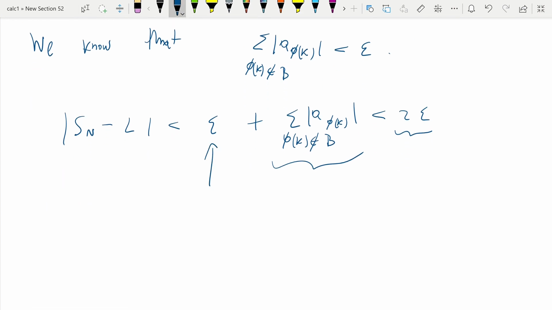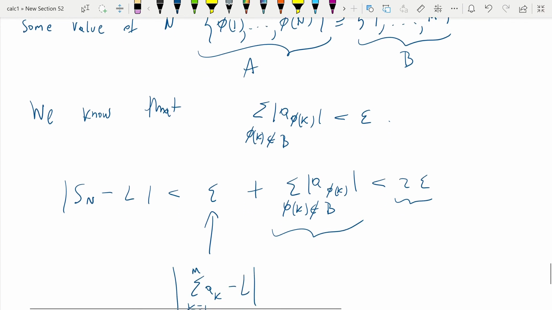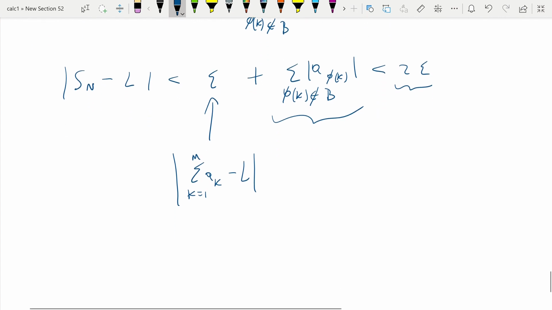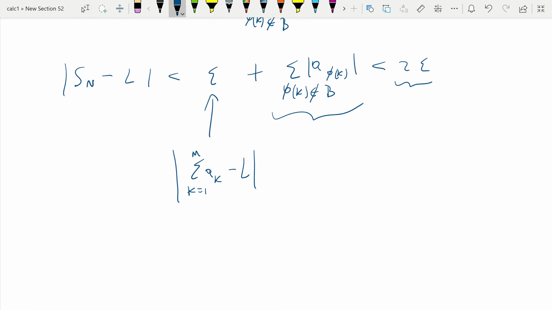This comes from just adding the terms a sub k from k equals 1 to m minus L. And since this converges to L, if m is big enough, you perhaps need to make m a little bit bigger, but this will be less than epsilon. And what's outside is going to be less than epsilon for sure. This is because of the absolute convergence of the series of the a sub k's.